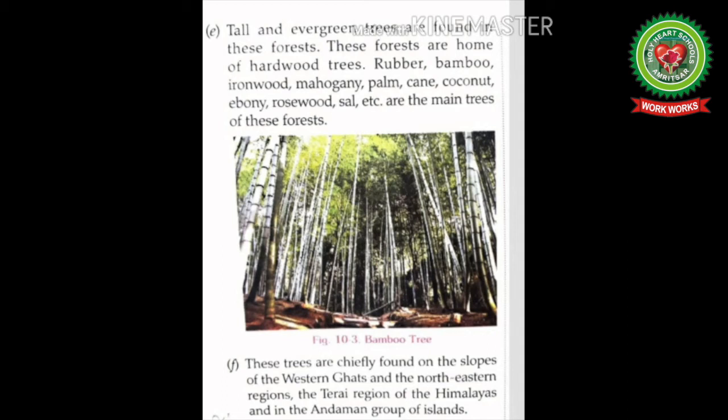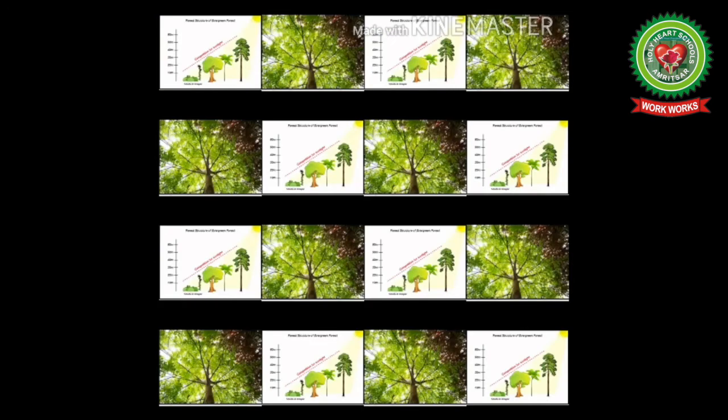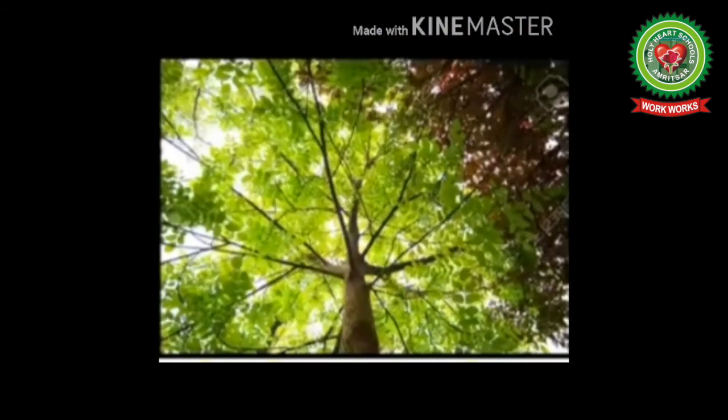These trees are chiefly found on the slopes of the Western Ghats and the northeastern regions, the Tarai region of the Himalayas, and in the Andaman group of islands. The thick ground cover of the forest is characterized by climbers and epiphytes. Bamboo and ferns are also common. These trees do not shed their leaves at the same time, hence they are called evergreen.